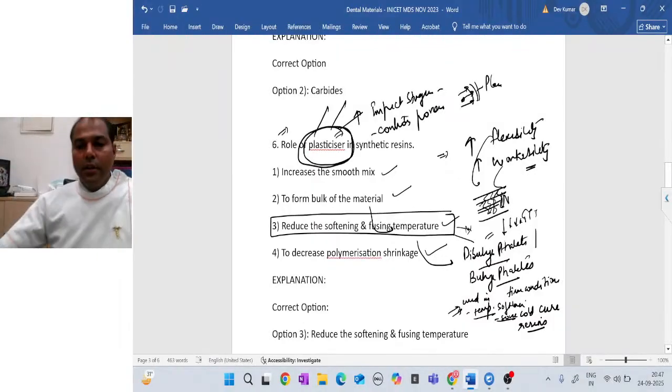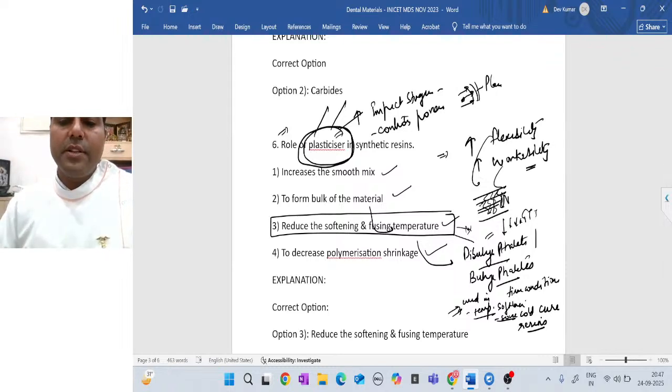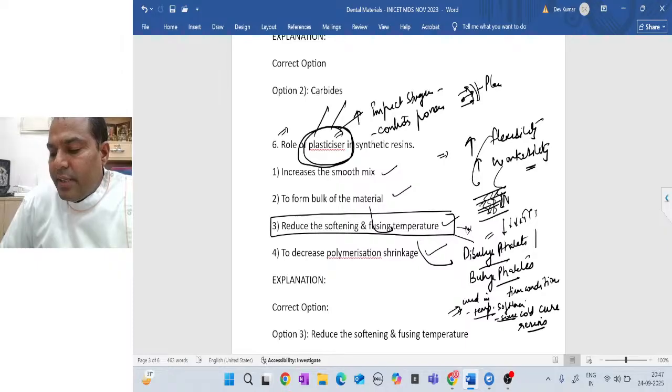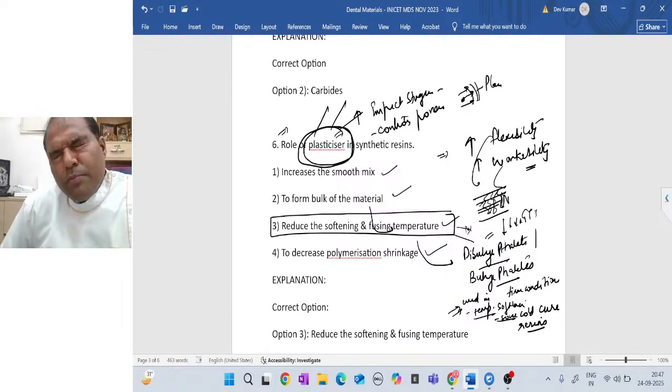So sorry, okay, so it reduces the softening and the fusion temperature, but we should not use it in too much of amounts। why? because it may leach over time and can harden the material, okay, and remember this, that if we increase too much of plasticizer, it may actually reduce the strength of the polymerized resin। so plasticizer should be added in very small amounts, very very important question, clear hai?